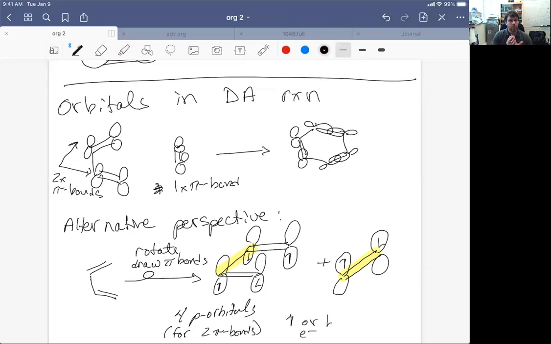Okay, so what we have here are two things that need to interact to form head-to-head overlap of orbitals so that we can forge our new sigma bonds. Now this perspective drawing is going to allow me to better see how these things orient and arrange themselves.